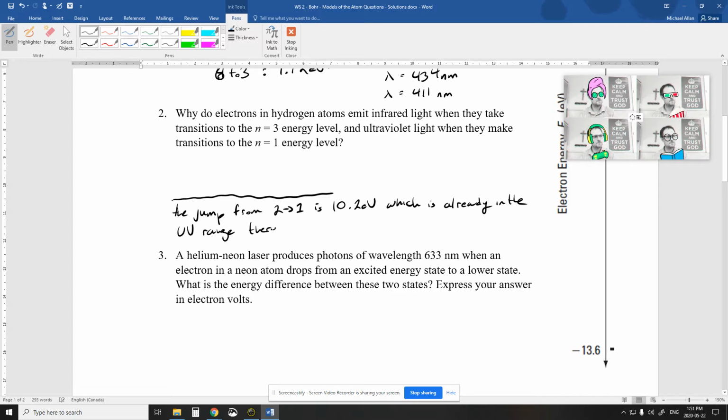Therefore, any jump to 1 will be 10.2 electron volts plus a number, right?